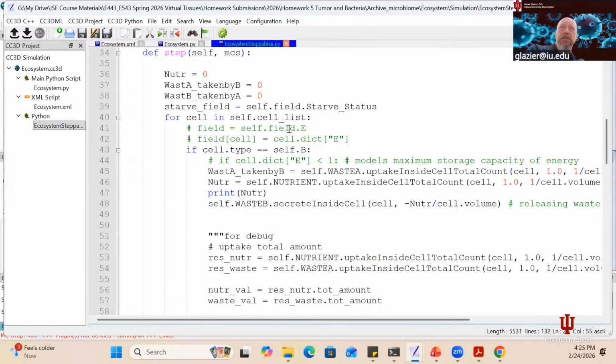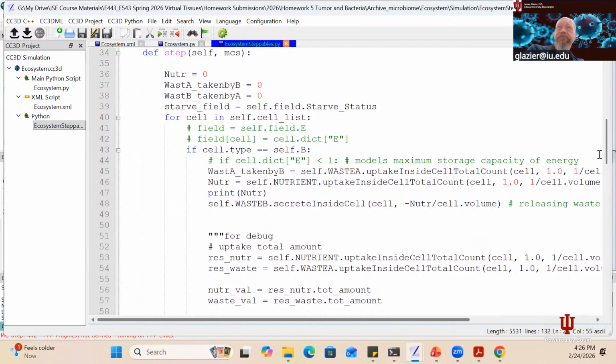You pull a reference to starvation field, to calculate the growth. So you go through the cells. It's cells of type B. You take up waste A. Okay. You take up the nutrient. And you secrete the waste B. That makes sense.